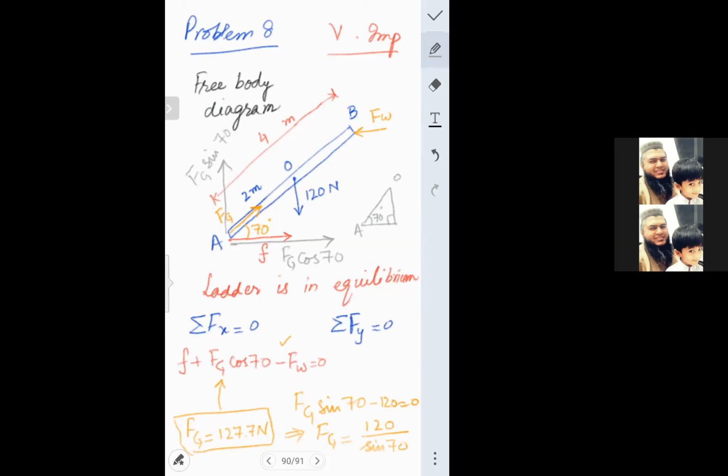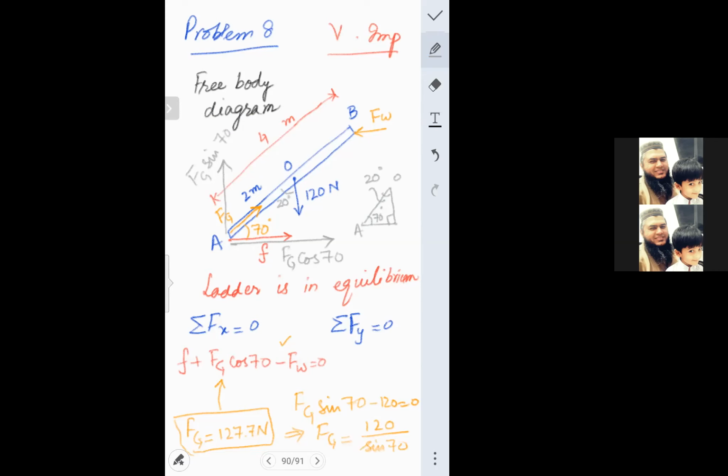And since the sum of all the angles in a triangle is 180 degrees, this angle O will be 20 degrees. This means that the force 120 Newton is making an angle of 20° with the ladder.